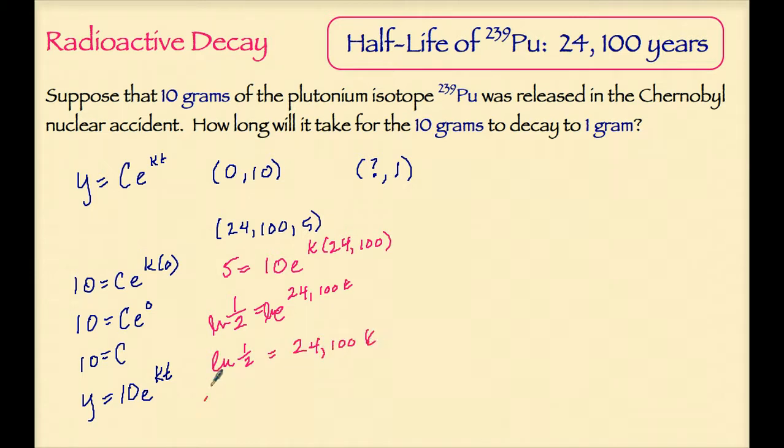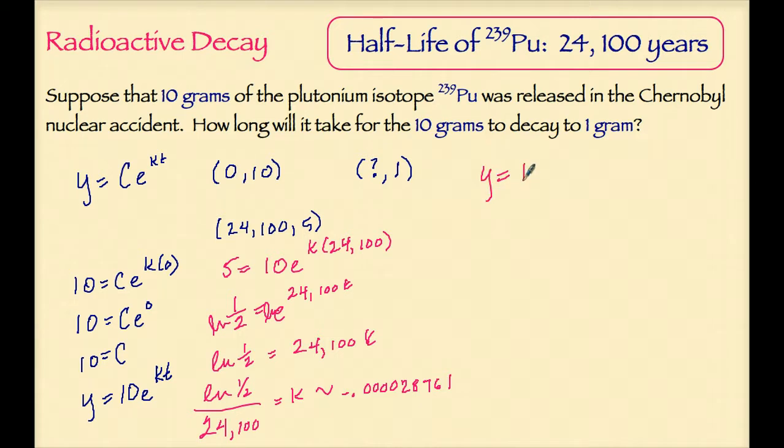Dividing both sides by 24,100 gives me natural log of 1/2 over 24,100 equals k, and that is approximately equal to negative 0.000028761.